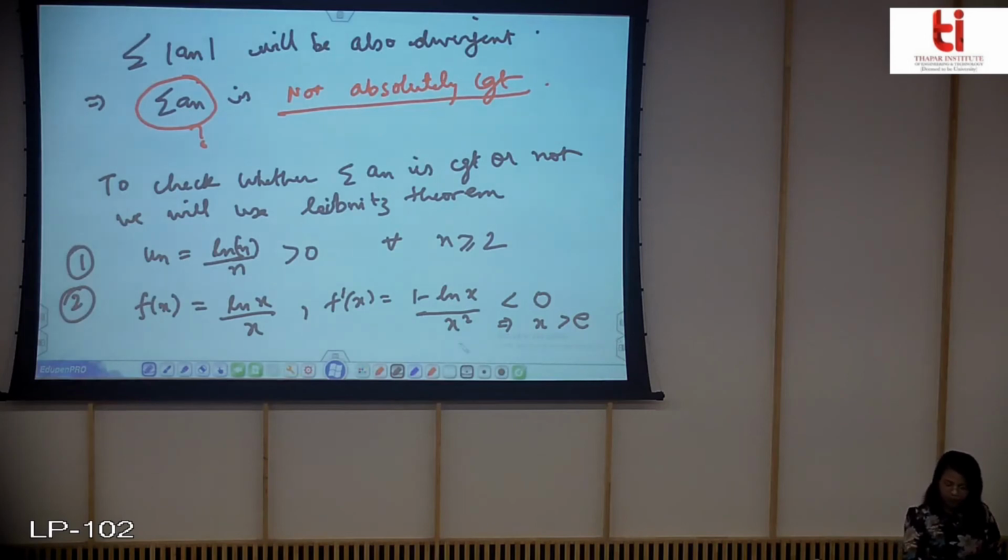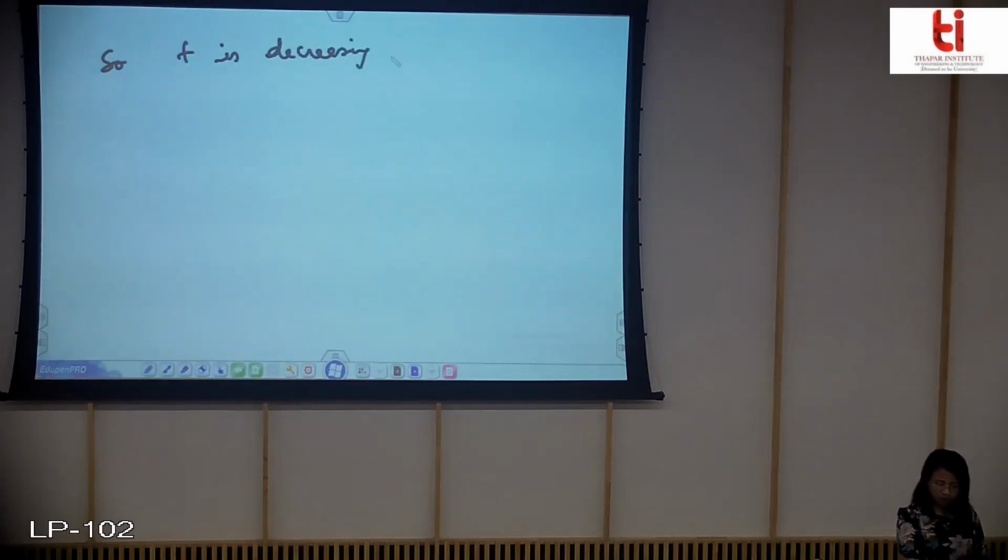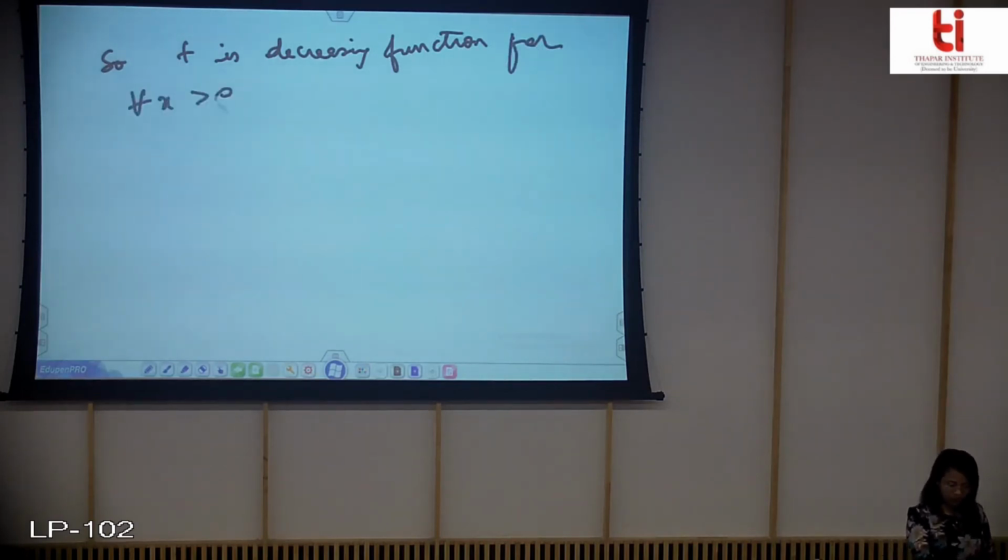So you have found out that for every n after this value the function will decrease. So f is a decreasing function for every x greater than e, that is equal to 2.7.